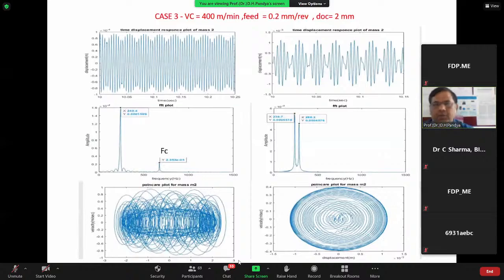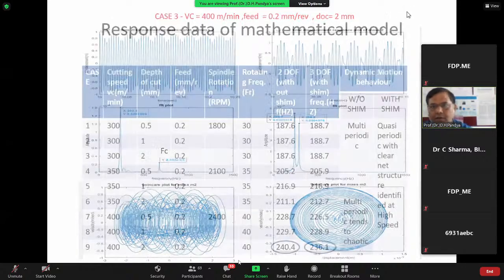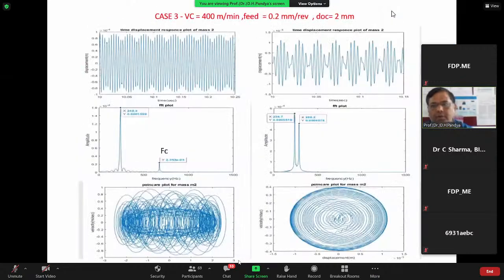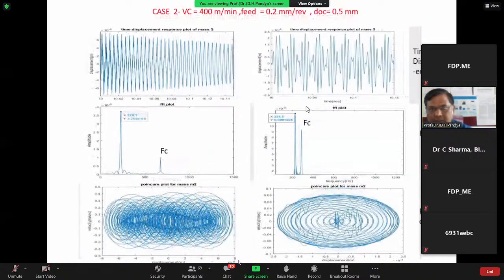In the third one, the speed is 400 and the depth of cut is 2 mm, so the depth of cut is increased. You can see this picture is more clear, meaning the dynamic motion leads toward stability, and the time responses also give us a very clear idea at high speed.